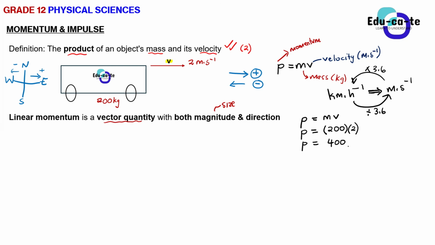Guys, remember, the unit for velocity is meters per second, right? Can you agree on that? Cool. And the unit for mass is kg, right?